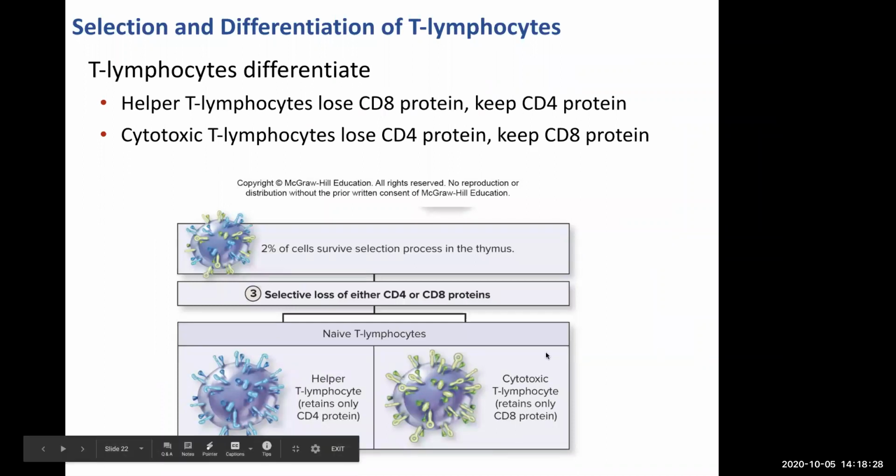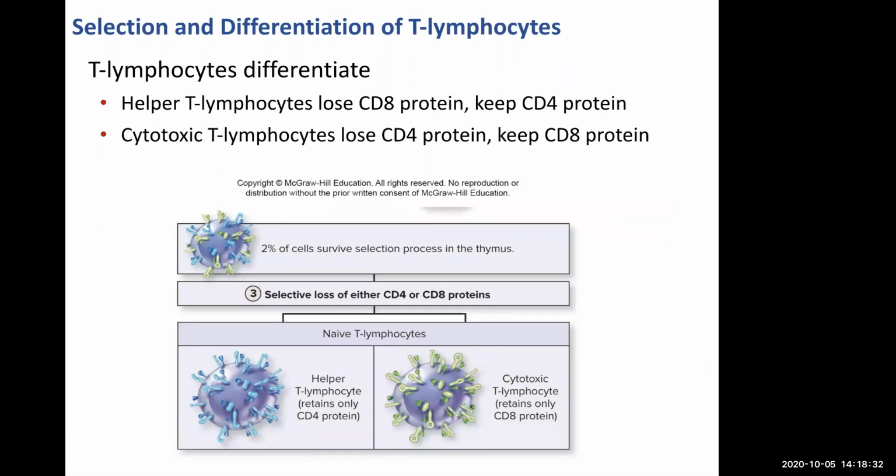And then the last step of this process, right before they leave the thymus, is this selective loss of either CD4 or CD8. If you lose CD8, you're a CD4 positive cell, so you're a T helper cell. If you lose CD4 and retain CD8, you're a cytotoxic T cell.